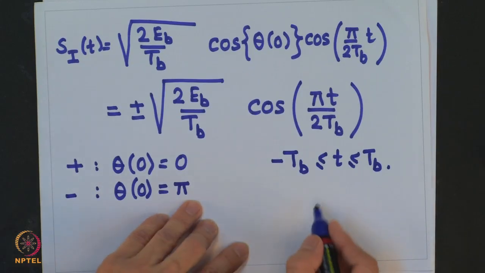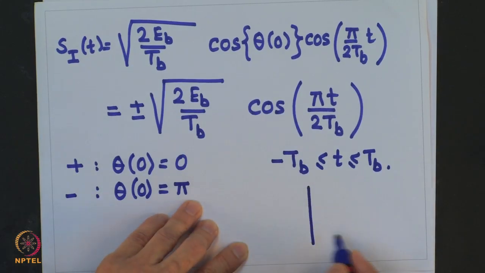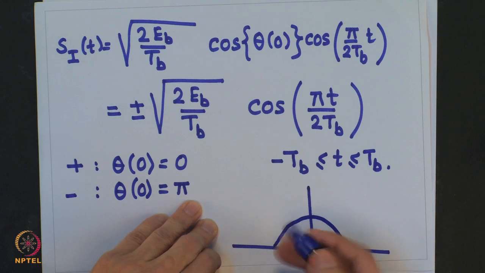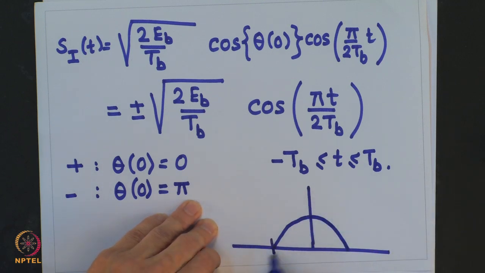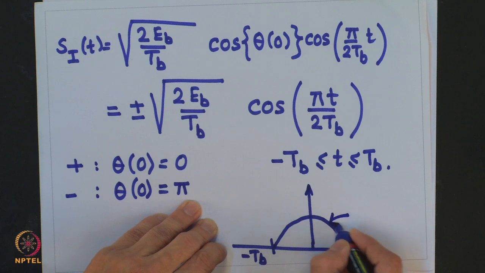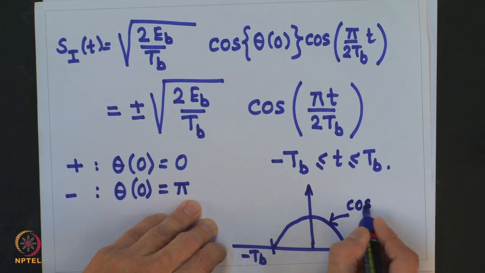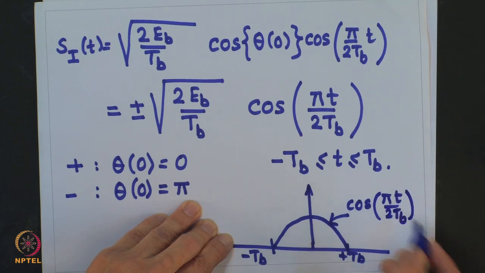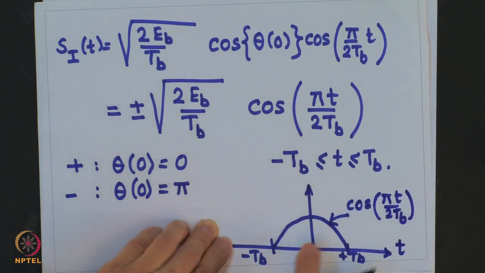So, you will have something like this. This could be positive or negative. So, this is minus Tb, this is plus Tb, and this is your cos pi t by 2Tb. So, this is assuming that theta(0) is equal to 0.